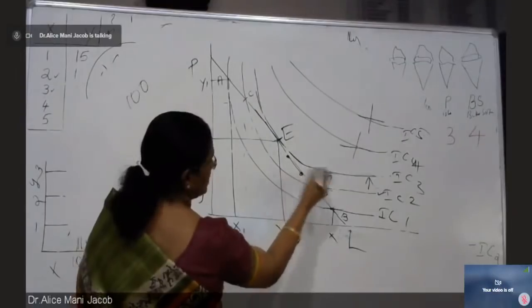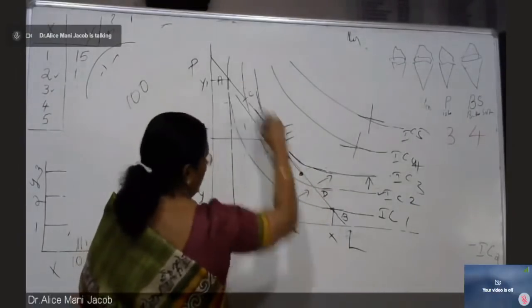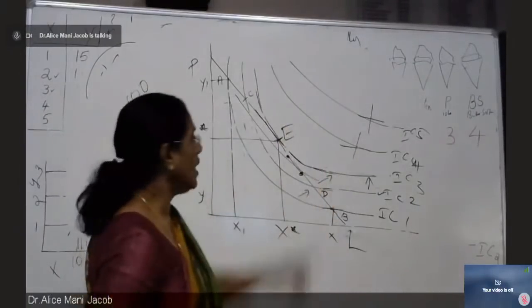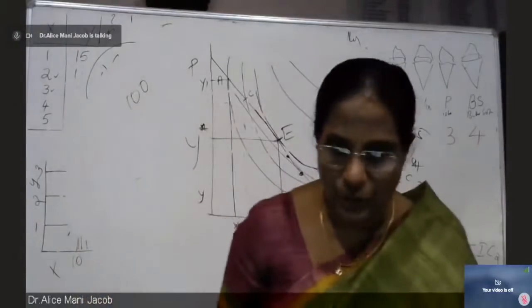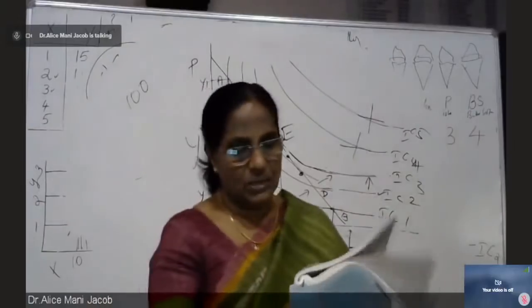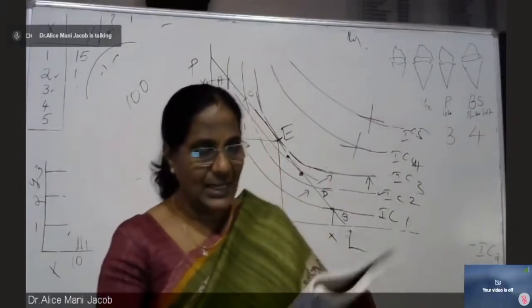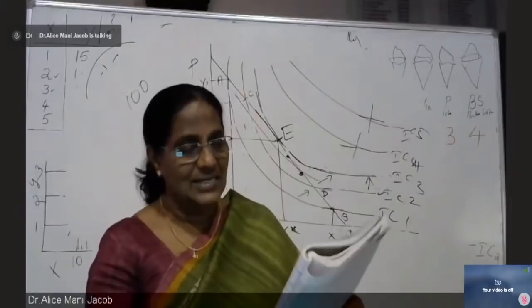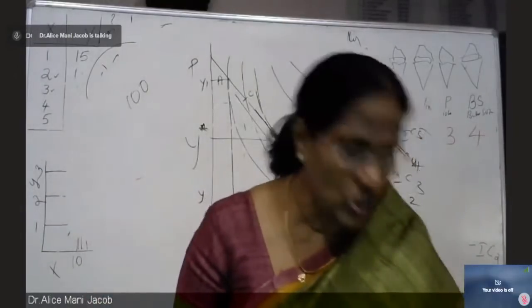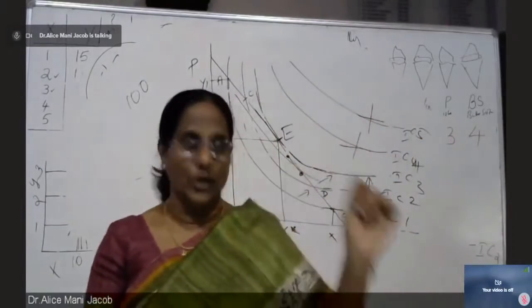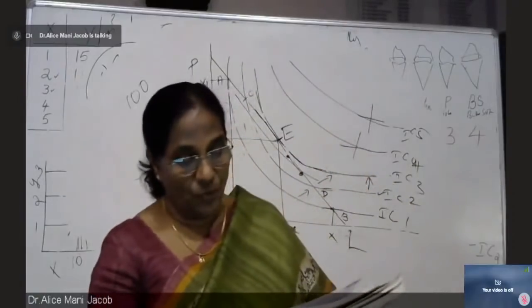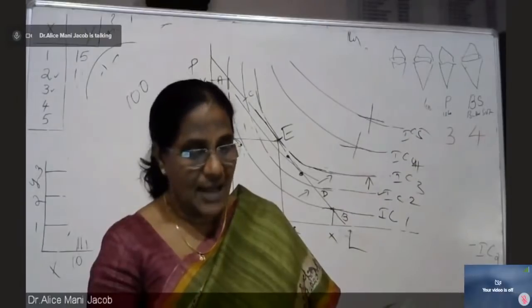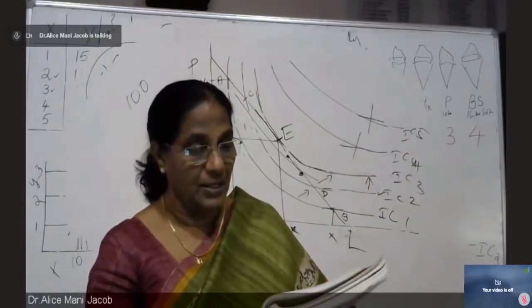If I go to this point, again, I will be on a lower indifference curve. So the highest possible indifference curve attainable for me, you can look into your book, is IC3, and my best combination according to your textbook is Q. Q is a combination of OM of good X and ON of good Y, right?